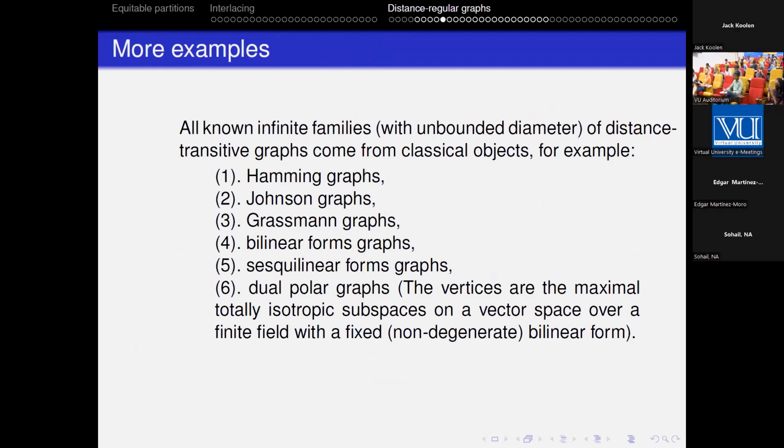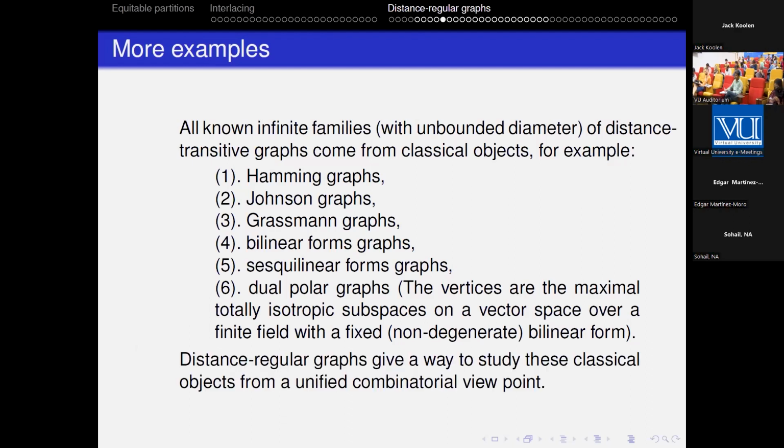Then you have the bilinear forms graph, the Hermitian forms graph, and the dual polar graphs. They are all distance transitive, and they all come from classical objects. From my point of view, those objects can now be studied combinatorially using distance regular graphs.